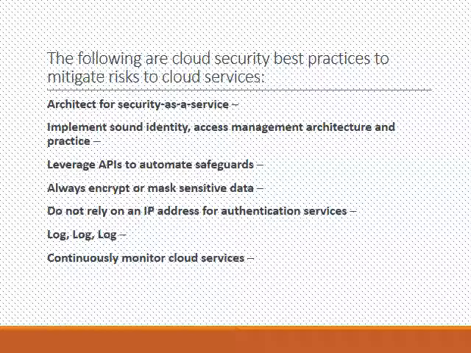The next one is implement sound identity and access management architecture and practices. Scalable cloud bursting and elastic architecture rely less on network-based access control and warrant a strong user access management architecture.